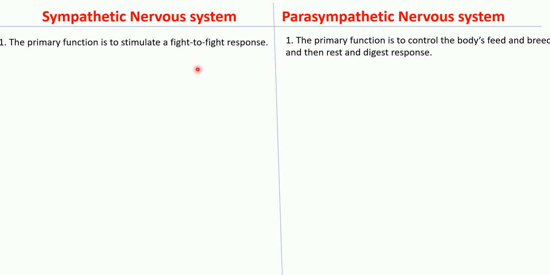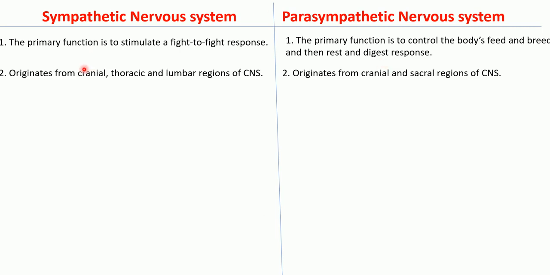Okay, here is fight or flight, but here is rest and digest. So the sympathetic and parasympathetic nervous systems have exact opposite functions. This is point number one.